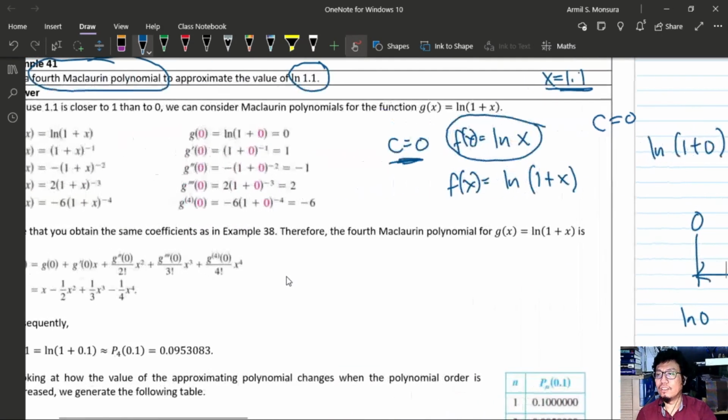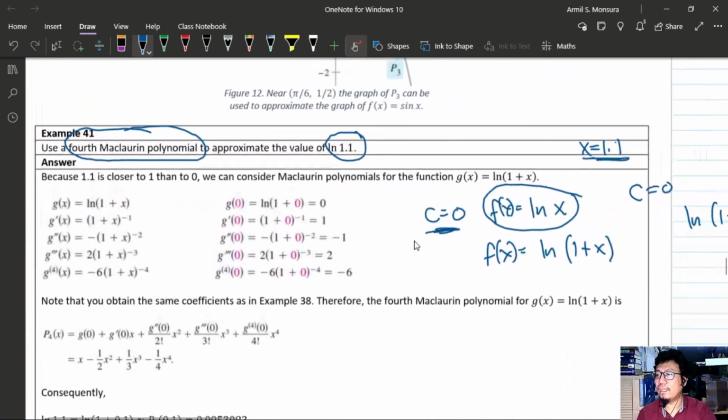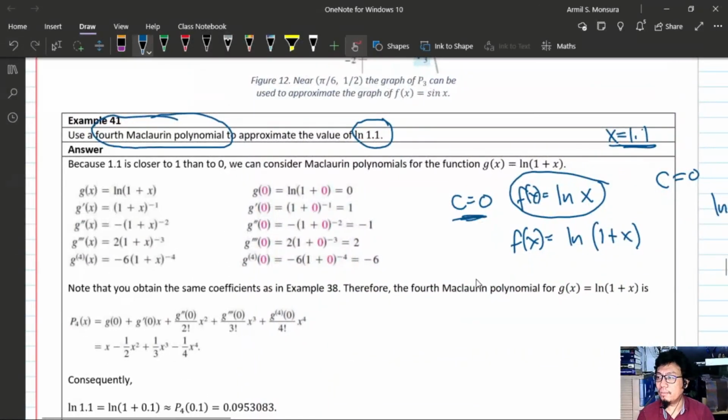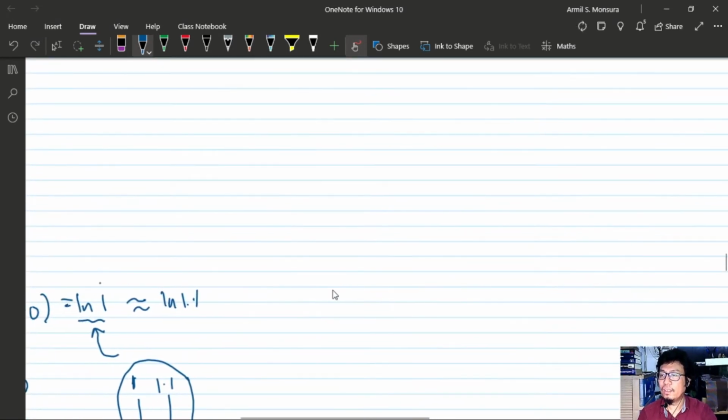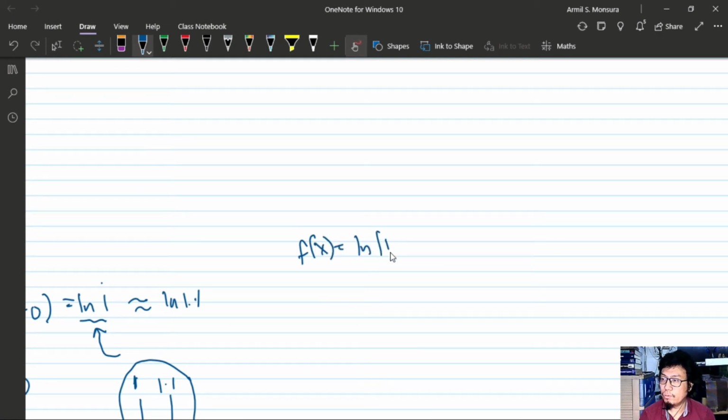Since we're looking for coefficients, since we have to use the fourth order Maclaurin polynomial, we would like to have f of x equals ln of 1 plus x. Its first derivative is 1 over 1 plus x.